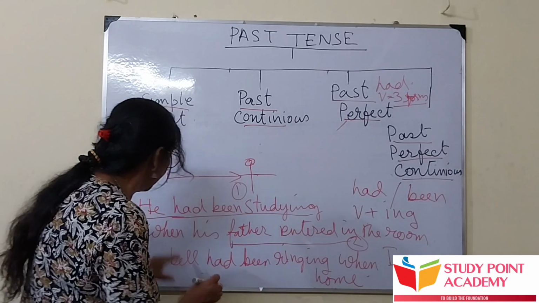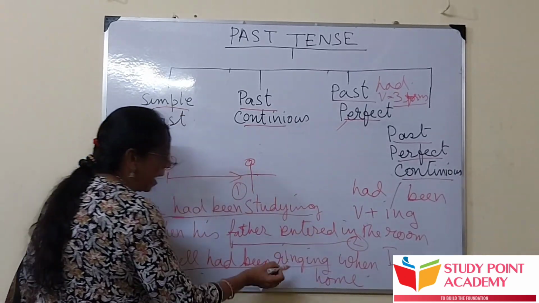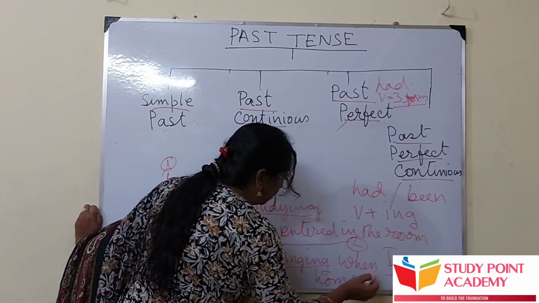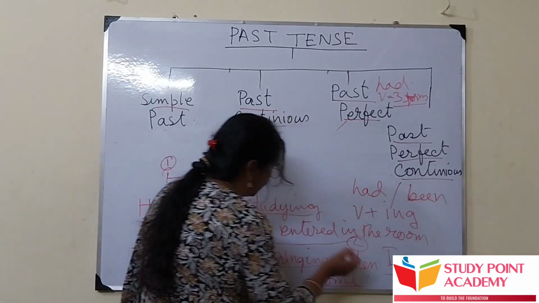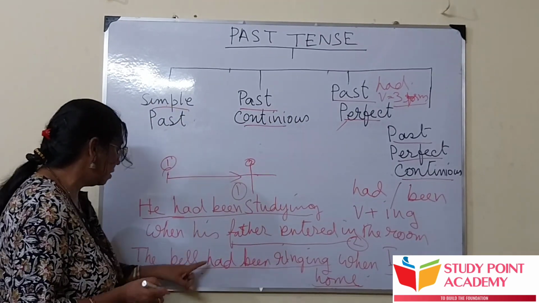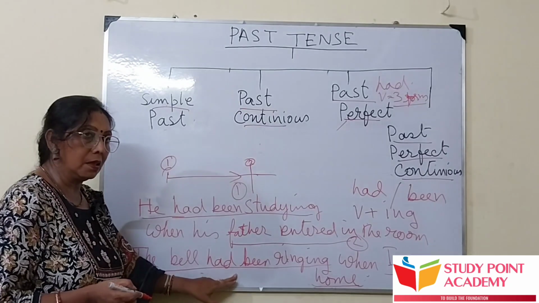So you see, the bell had been ringing from the first, and after that I came home. The second action will be in simple past tense, and the first action will be in past perfect continuous.